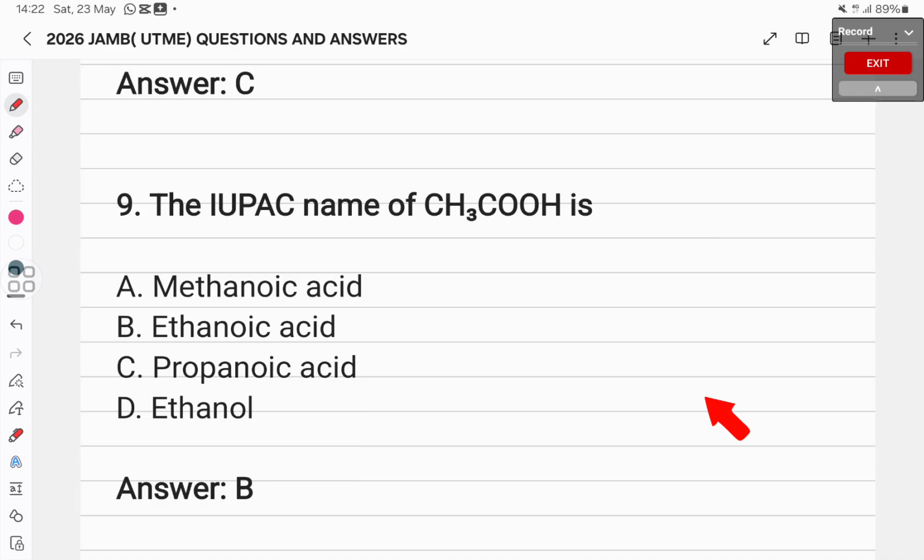This acid is a member of the homologous series we call carboxylic acids, precisely aliphatic carboxylic acids. They are also called alkanoic acids.